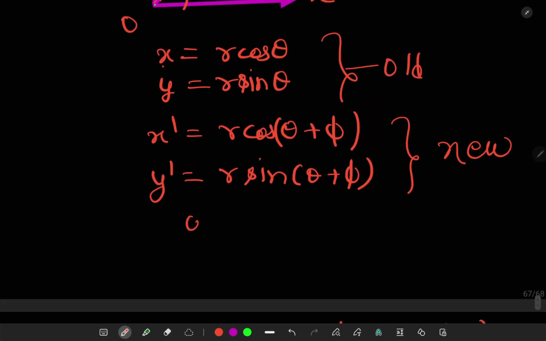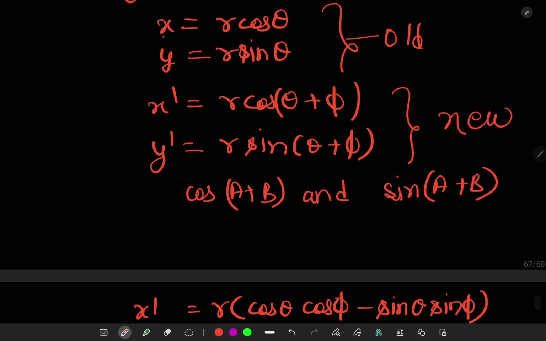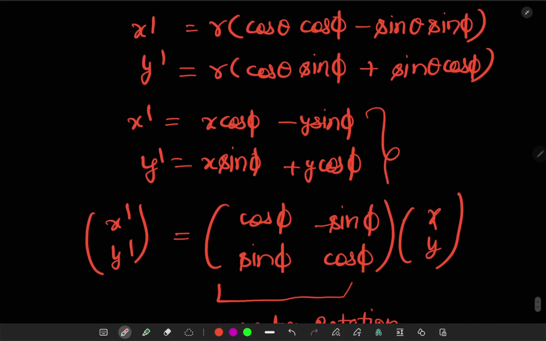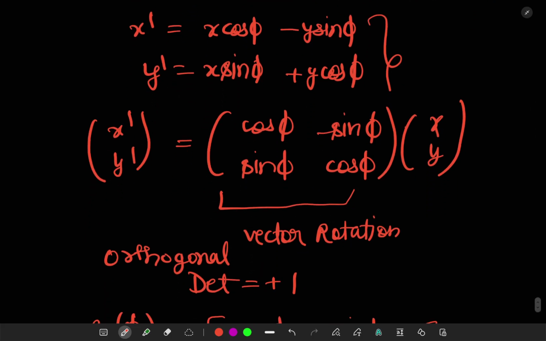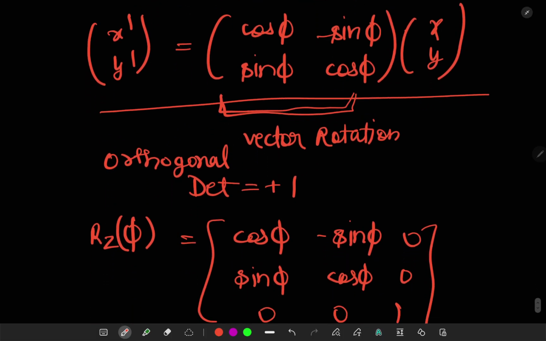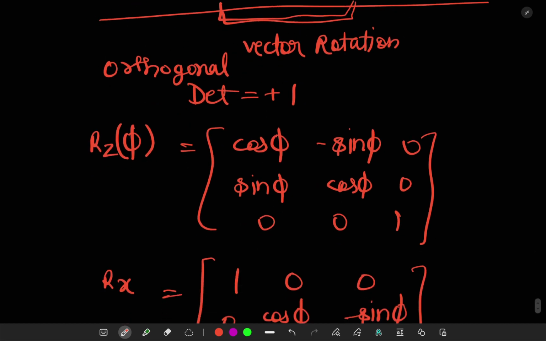Using the trigonometric identities for cos (a plus b) and sin (a plus b), we solve this equation and get the values of x dash and y dash. We can write this equation in a matrix form like that, and this is called vector rotation. And the axis rotation matrix is also an orthogonal matrix, and in this case the determinant is also plus 1.